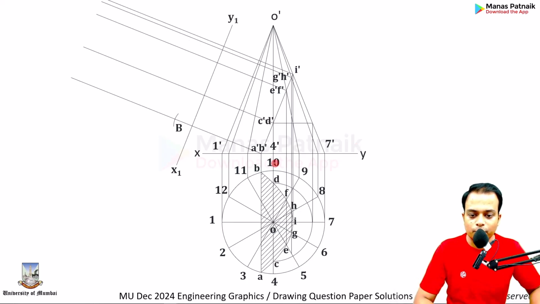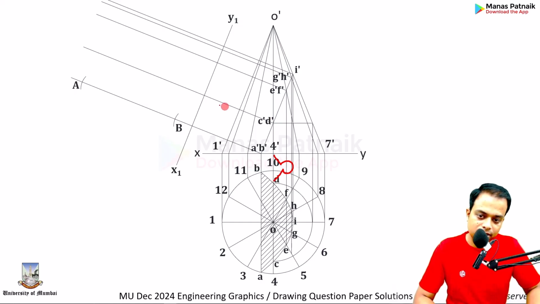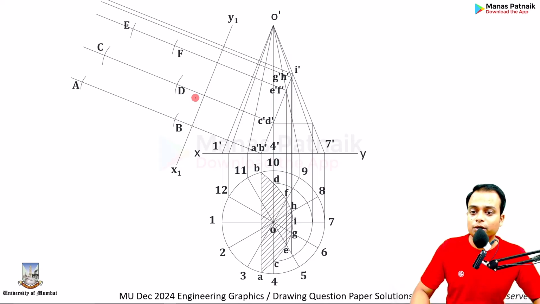Now how do you find point A? Again, one leg at XY, while the other leg of compass at A with this much as the radius, and then again, this is the line for A, this is the center, cut an arc. In the same fashion, if you wish to find point D, this much will be the arc, and this is the line where we'll get point D. Take this as center, cut an arc, that's point D. So in the same fashion, you can obtain the remaining points.